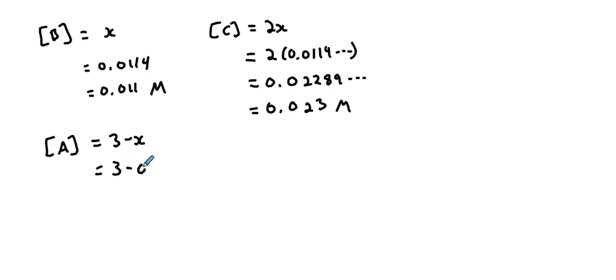So this is 3 minus 0.0114... And when we do that calculation, we get 2.9885, and that would continue on. And then when we round to 2 sig figs, this would actually round back to 3.0. And so this means that our approximation that we did originally seems reasonable. We got an X value, we checked it here, and so that looks like our Kc approximation was good.